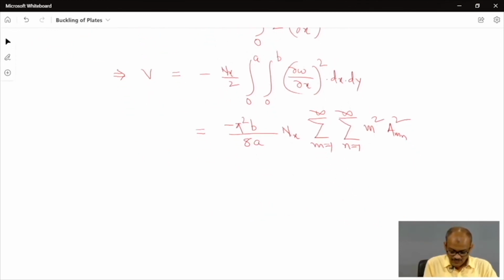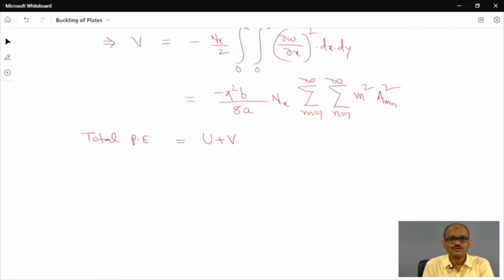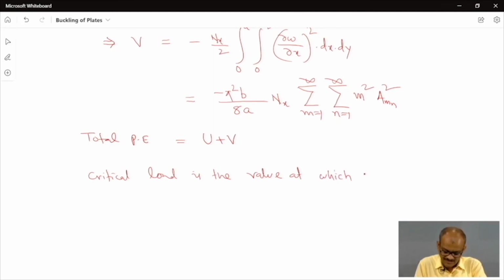So the total potential energy is equal to U plus V, and the critical load is obtained by minimizing the total potential energy. So the critical load is the value at which the potential energy has a stationary value.